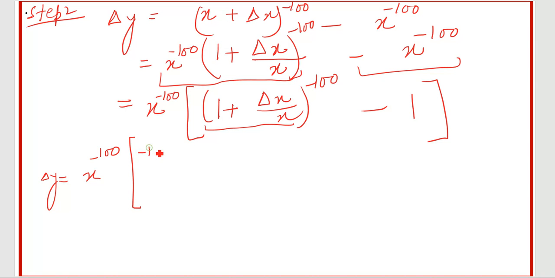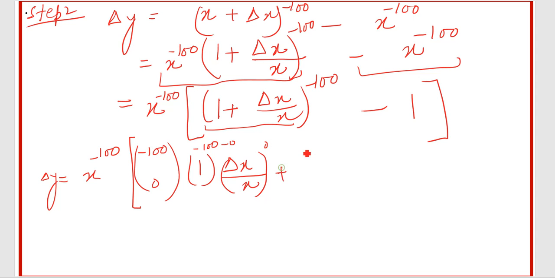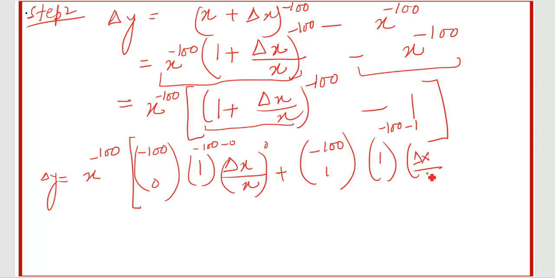Here we have nC0, this is our power 0, and instead of a we have 1, and the power of 1 is negative 100 minus 0. Instead of b we have delta x over x, and the power of this is 0, plus nC1, this is 1 power minus 100 minus 1, and for b we have delta x over x power 1.